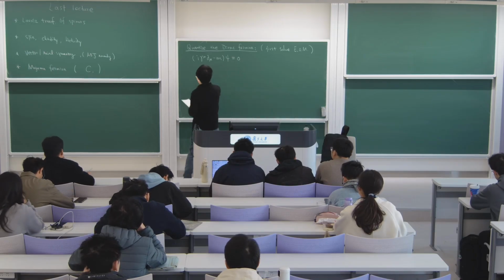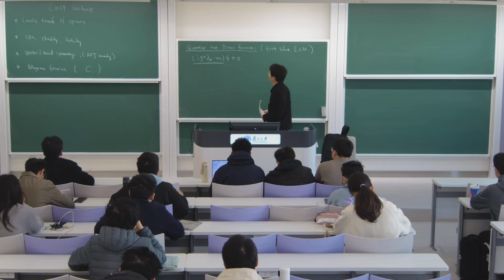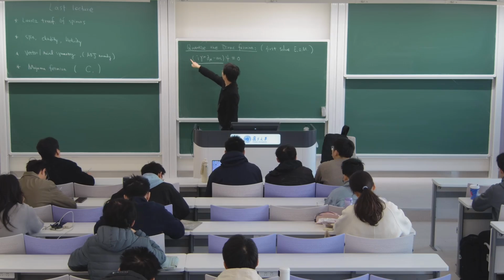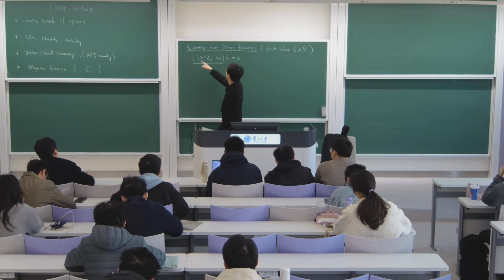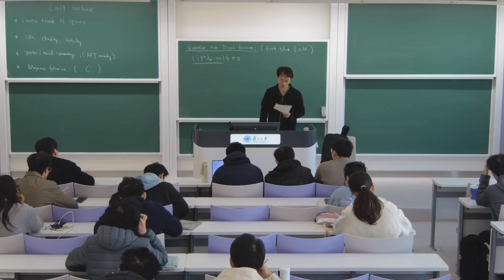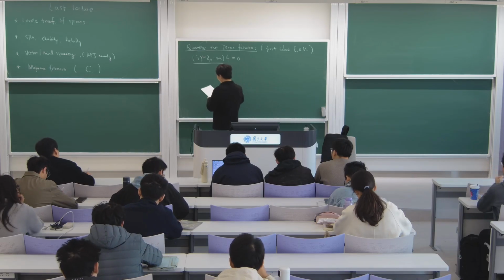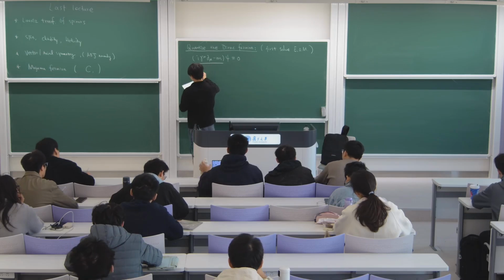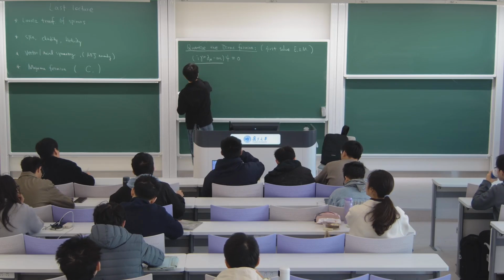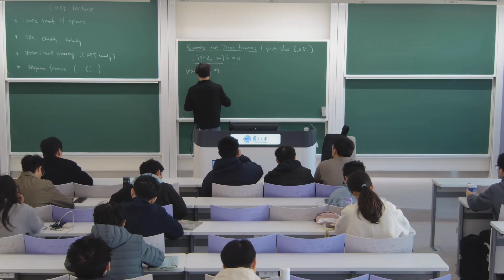The first observation is what we mentioned some time ago. If you act with gamma partial plus m from the left, then you get the Klein-Gordon equation, right? So similar to the Klein-Gordon equation, one can try to find a so-called plane wave solution.